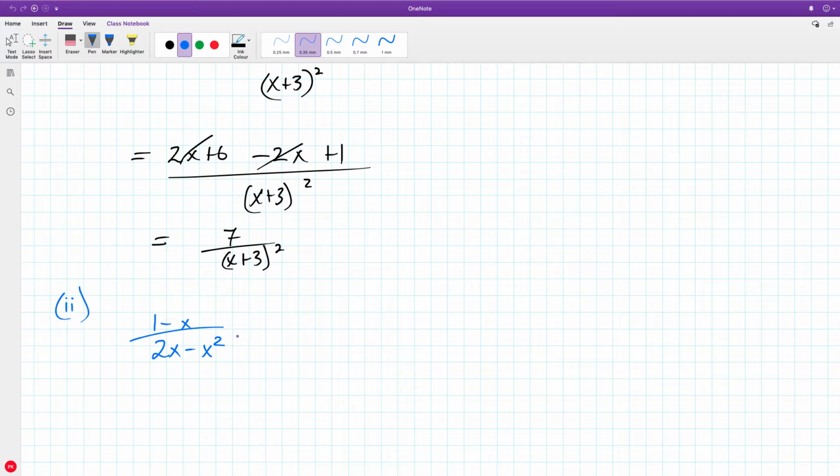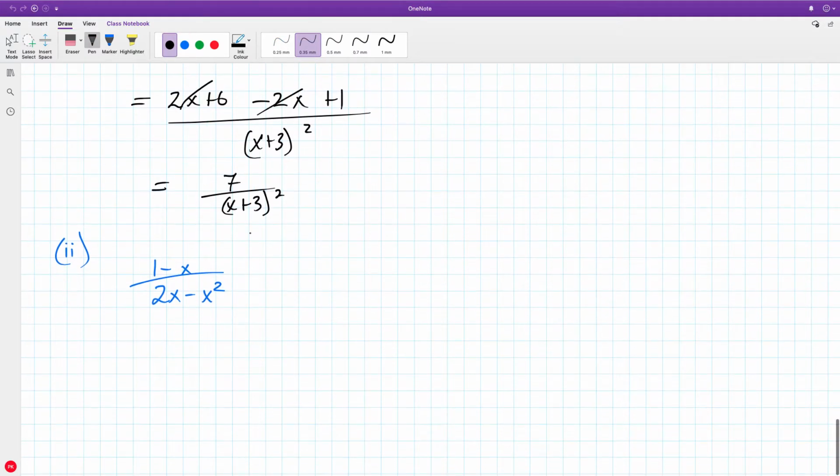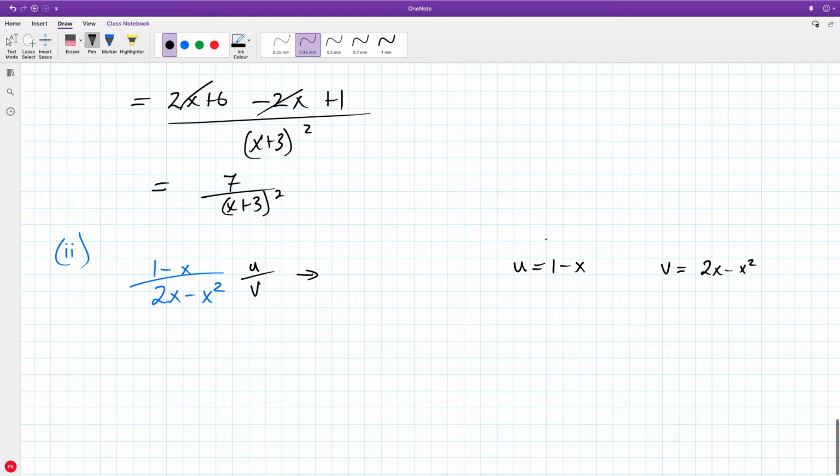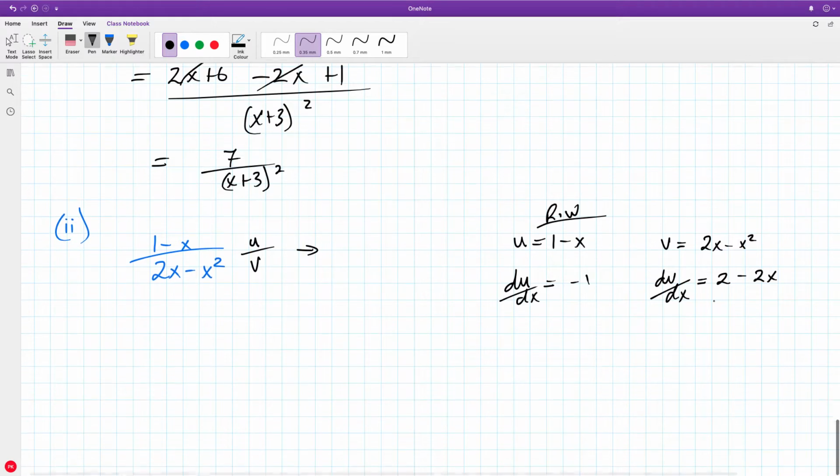Right, let's have a little look at it. So, u over v. u is 1 minus x. v is 2x minus x squared. So, du dx is equal to 1 minus x, so it's minus 1. dv dx is equal to 2 minus 2x. Yeah?